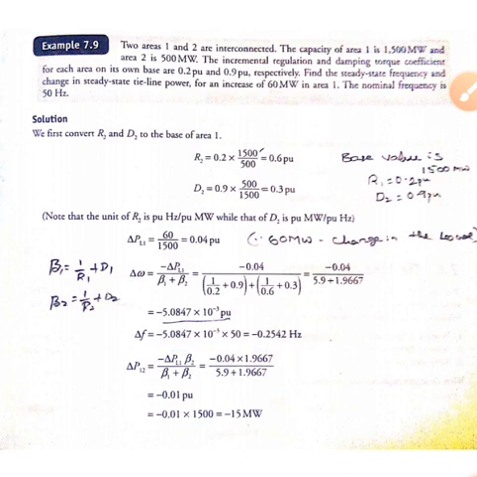Next we can calculate delta P12, which is the deviation in the tie line flow, or deviation in the tie line power. The formula for this is delta P12 equal to minus delta PL1 into beta 2 divided by beta 1 plus beta 2. We substitute all the values, delta PL1, beta 1 and beta 2, in this formula.